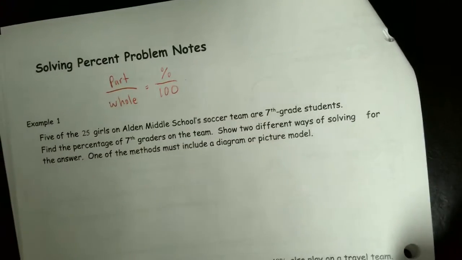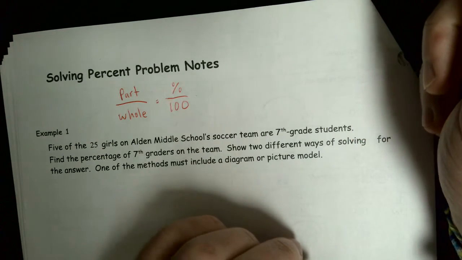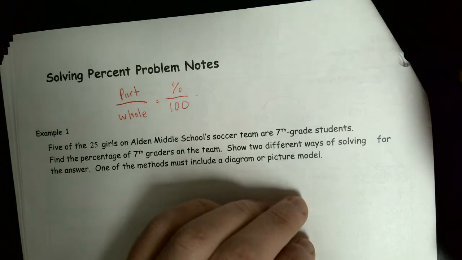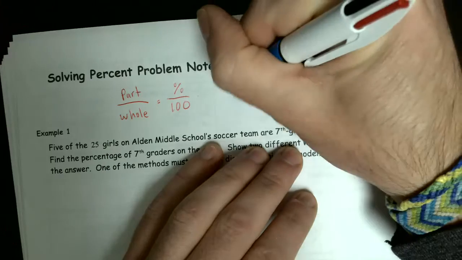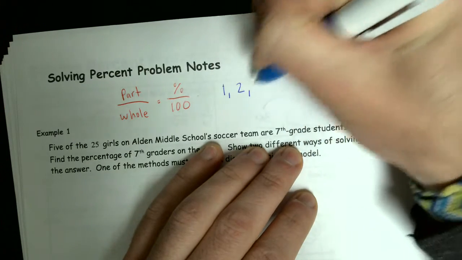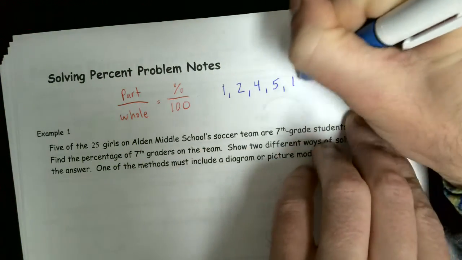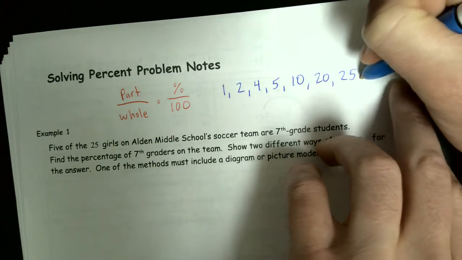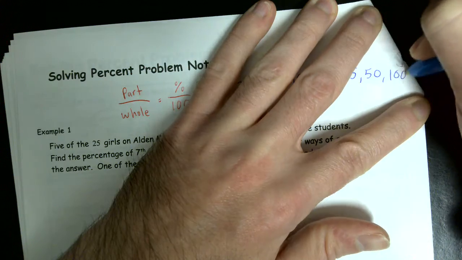The other thing I want you to write down are the 9 numbers. If you already know the 9 numbers, you can write them down now. These are the 9 numbers that we can use as factors of 100, to get to 100, or we can divide 100 by. They're very helpful when working with percents. The 9 numbers are 1, 2, 4, 5, 10, 20, 25, 50, and 100.